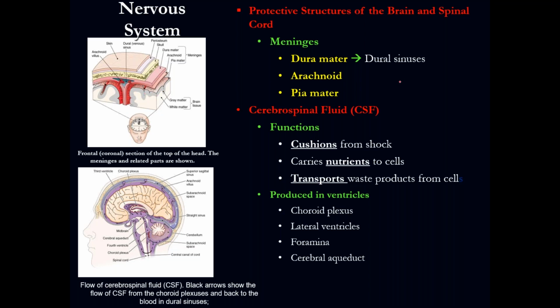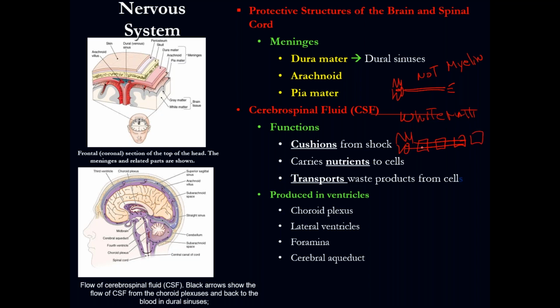And the gray matter, remember, the axons, the nerves, are not covered by myelin. But here in the white matter, the nerve cells contain myelin. Okay?